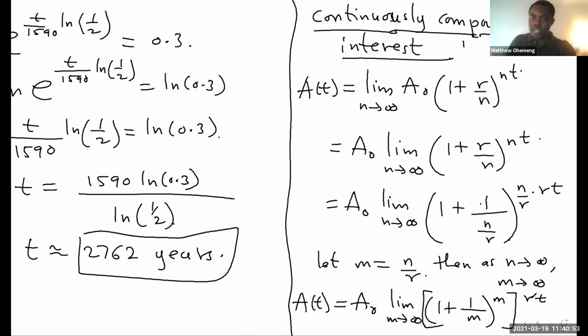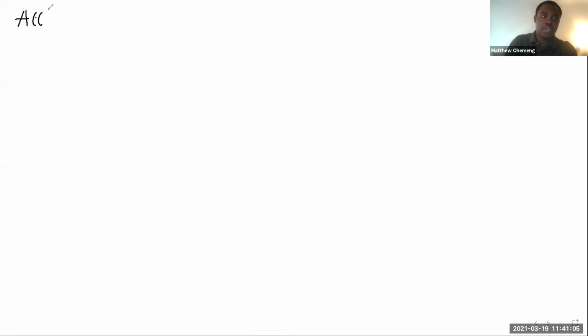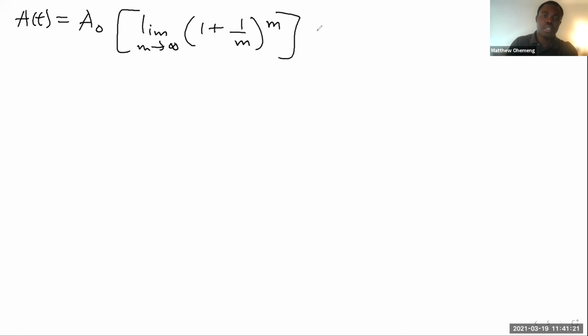So A of t becomes A of 0 times the limit as M approaches infinity of (1 plus 1 over M) to the M, all to the RT. But my question is, what is this? Does anyone remember what this is? I told you I'd be using it at some point, and now it just came up. Does anyone know what this is?